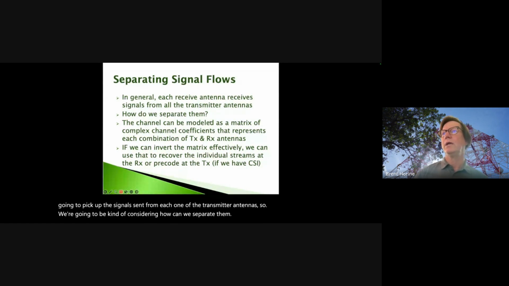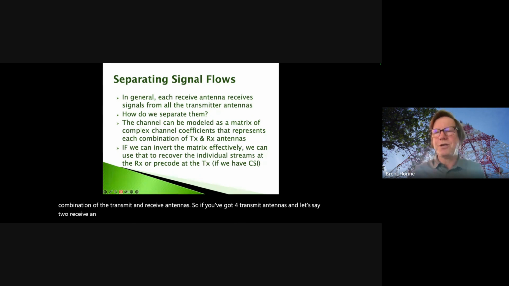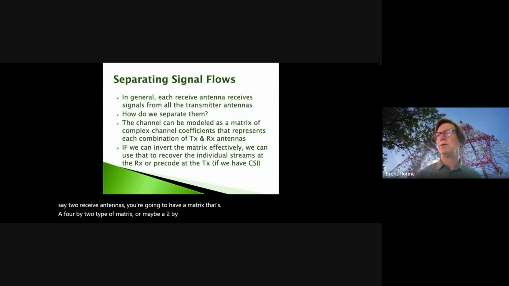The channel can be modeled as a matrix of complex channel coefficients that represent each combination of the transmit and receive antennas. So if you've got 4 transmit antennas and let's say 2 receive antennas, you're going to have a 4x2 type of matrix, or maybe a 2x4, depending upon how you're formulating the problem, right?